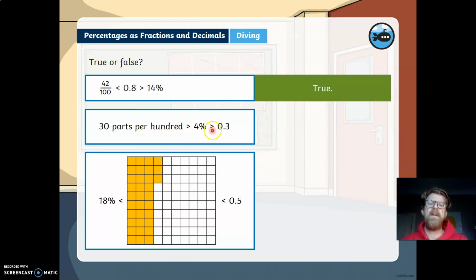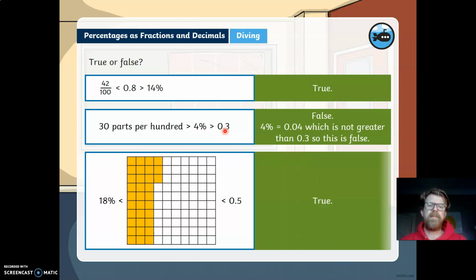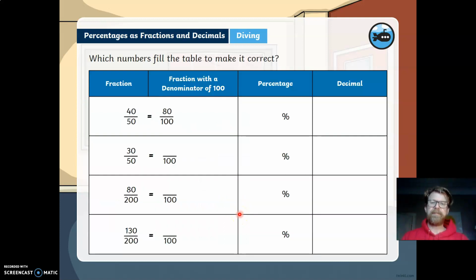I think it is. And 0.3 is 30%. Oh, 4% is not greater, it's smaller. So the second one is false. And the final one is true, because 18% is less than 33%, and that is less than 0.5, which is 50%.